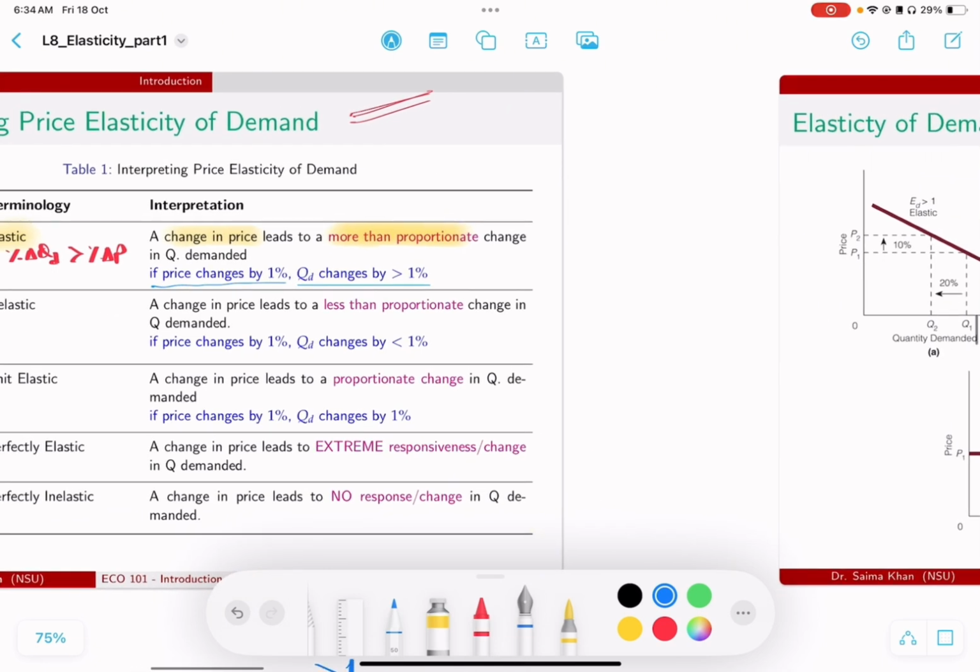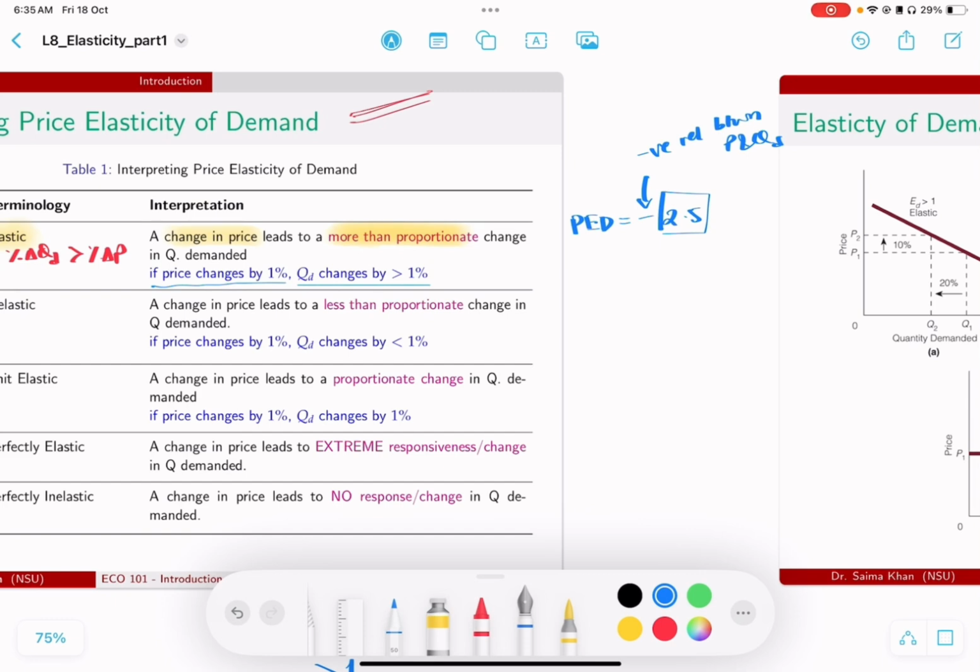Okay. So let's say your price elasticity of demand is calculated to be minus 2.5. How do you interpret this? So I've already told you the minus sign just shows you there's a negative relationship between price and quantity demanded. Essentially, it's a law of demand. So how do you interpret this 2.5?